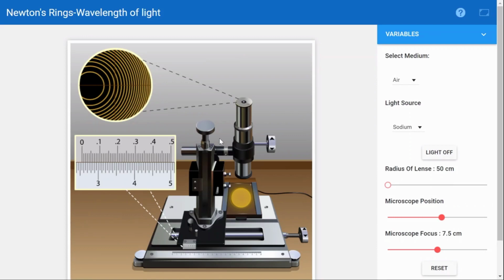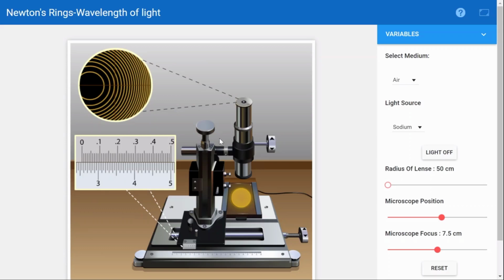What will be the value of lambda? Centimeter has to be converted into meter.